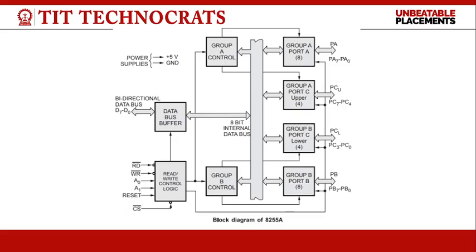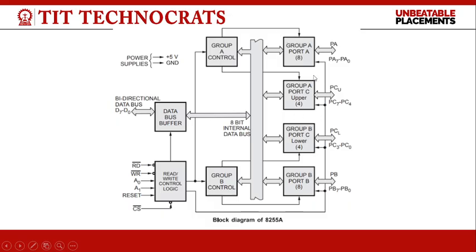Here we are going to discuss the internal block diagram of 8255 PPI. This is the internal block diagram of 8255 PPI. See here, there are three ports, that is port A, port B and port C. Each port is of 8 bits and port C is again subdivided into two parts, port C upper and port C lower.